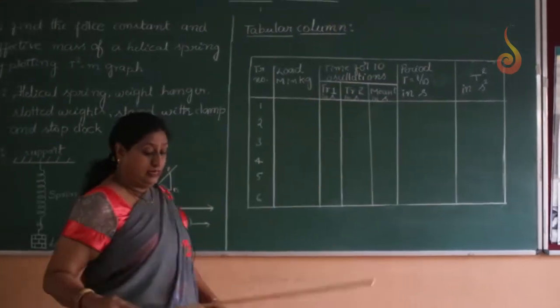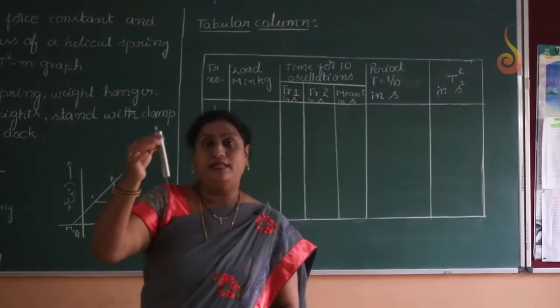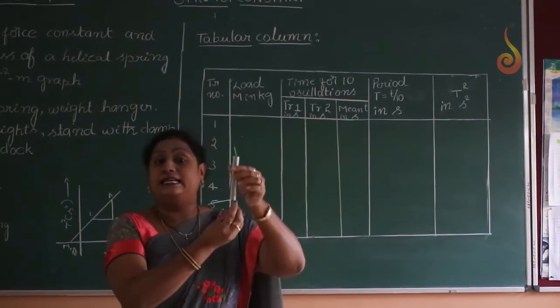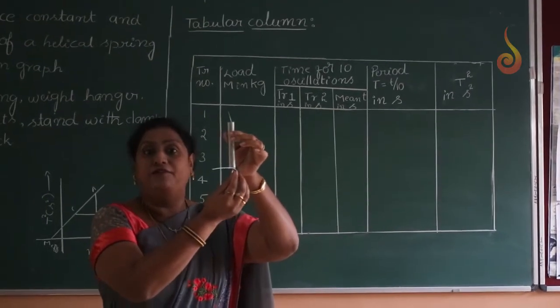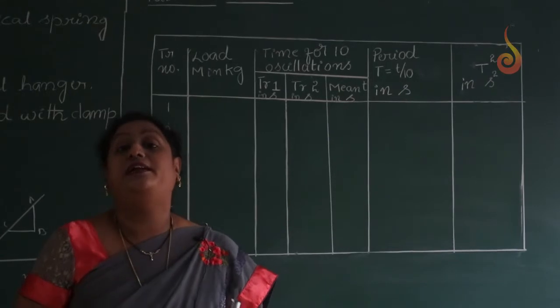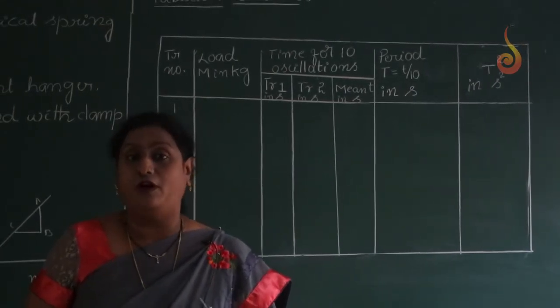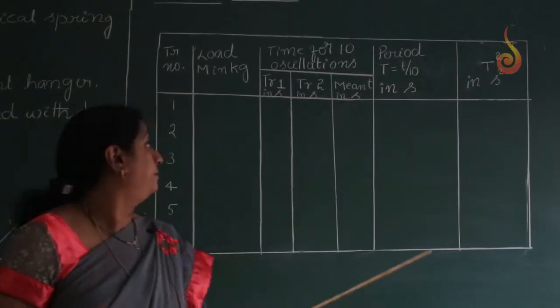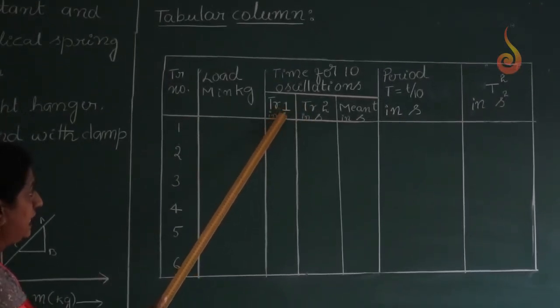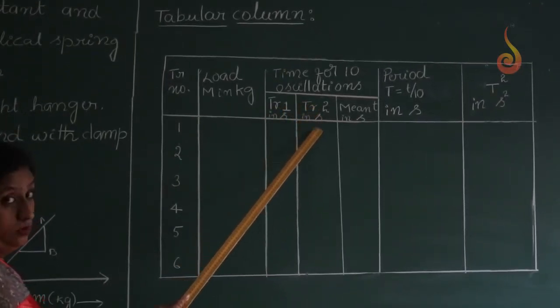Okay, so we'll just attach this to the clamp and on the other side we'll attach some mass and we'll set the spring to oscillations and then we'll record the time taken for 10 oscillations. As you can see in the tabular column, we have trial number 1 and trial number 2.